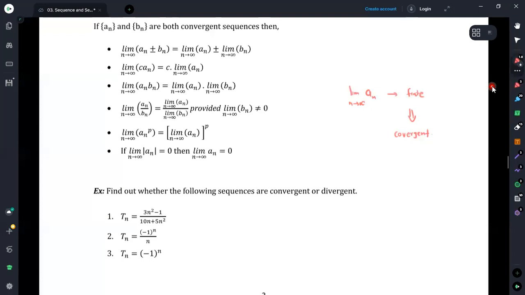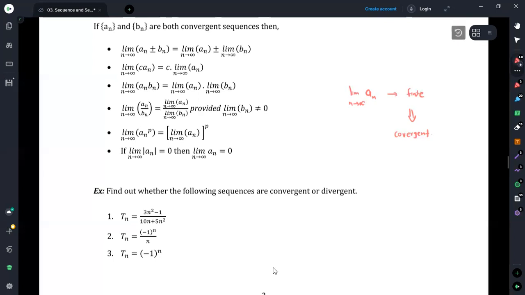Otherwise, if it is not a finite value, even though it exists, if it is infinity, then we call such sequences divergent sequences. Or else, if as n goes to infinity the sequence goes to plus and minus infinity, not to a single finite value, if the value is varying, then such sequences are divergent sequences.